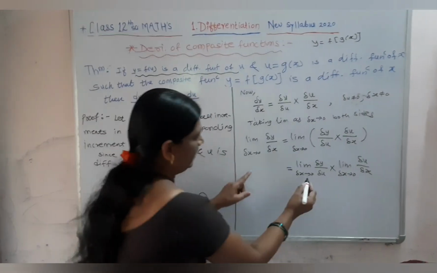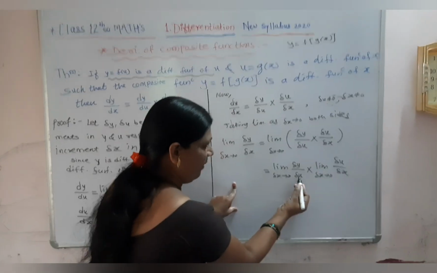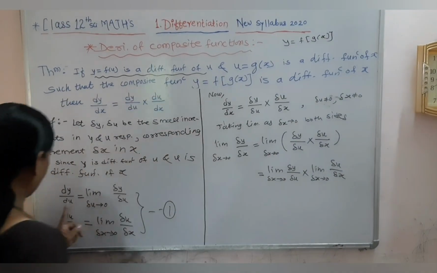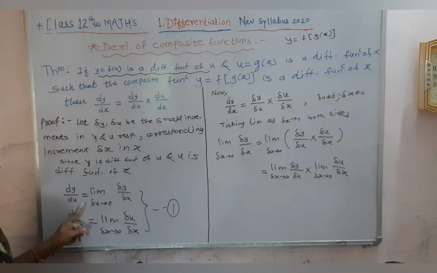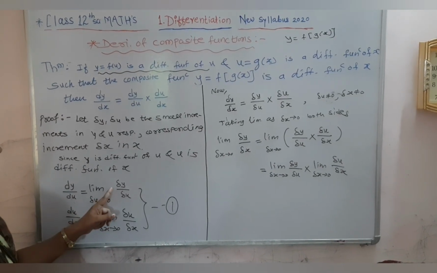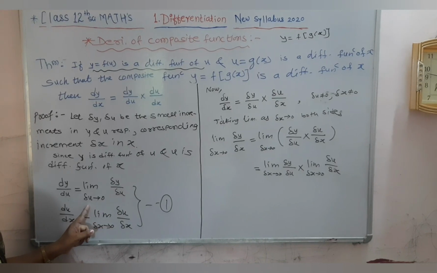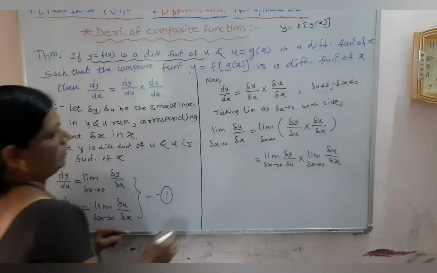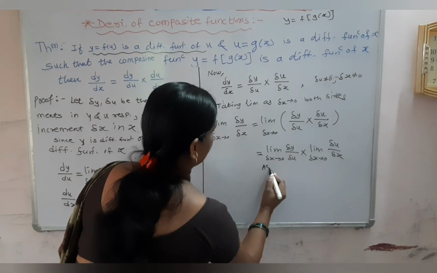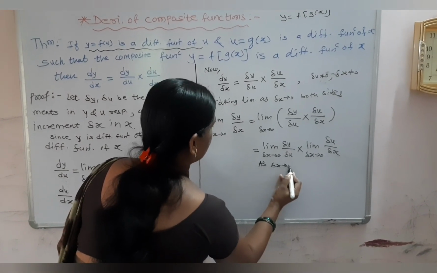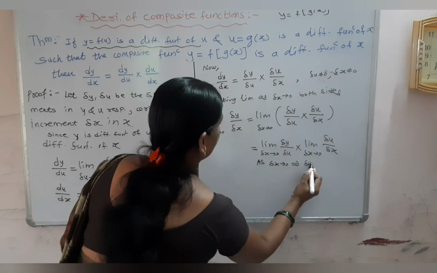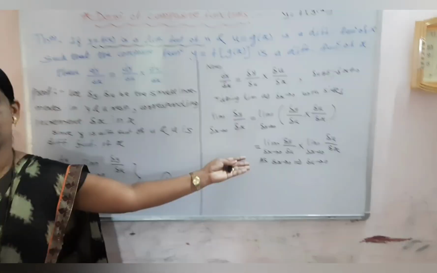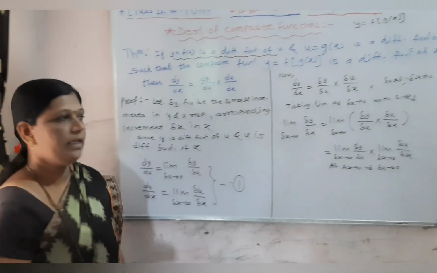Now look here at delta y by delta u as delta x tends to 0. We see the first equation: delta y by delta u as delta u tends to 0. Then we get dy by du. So as delta x tends to 0, this implies delta u tends to 0, since u is a continuous function of x.